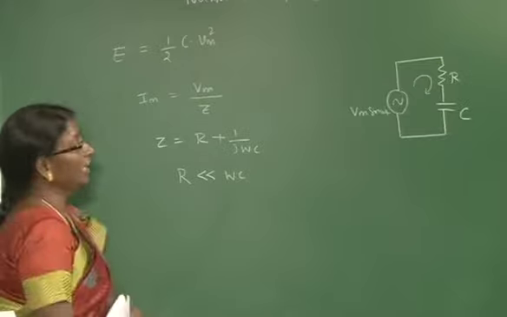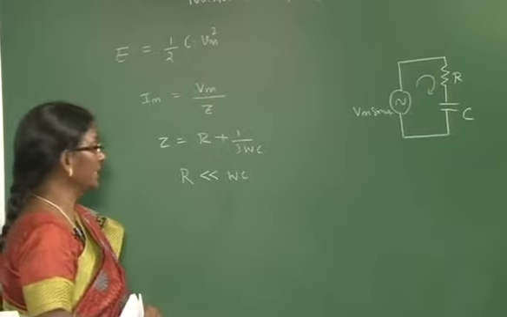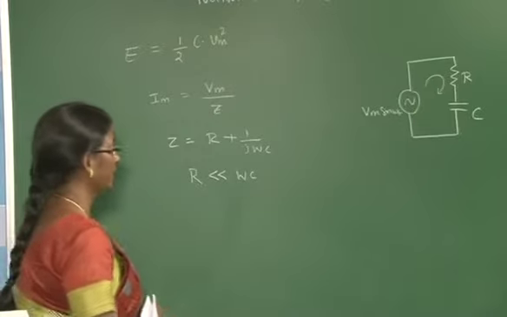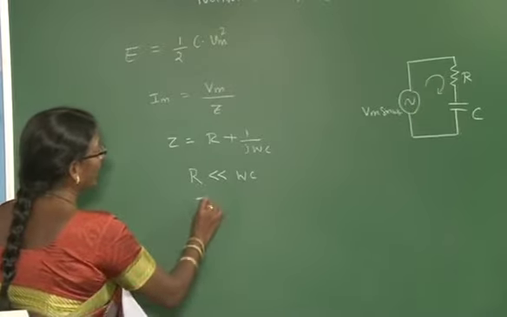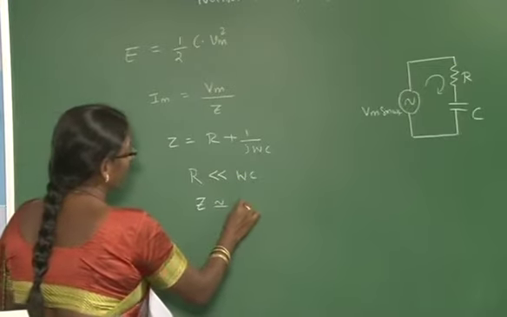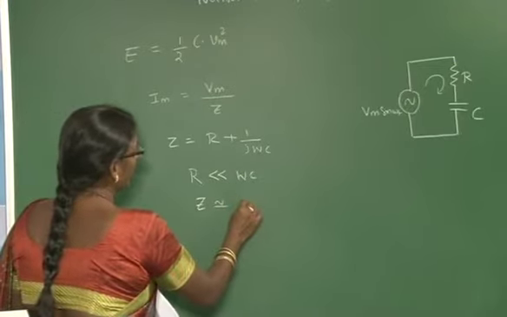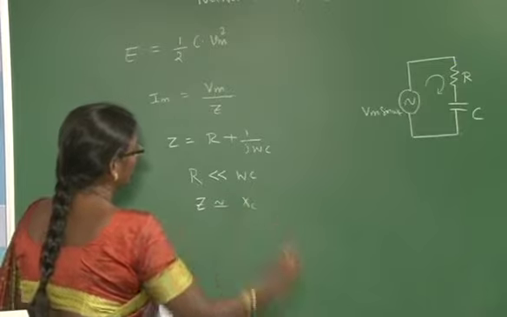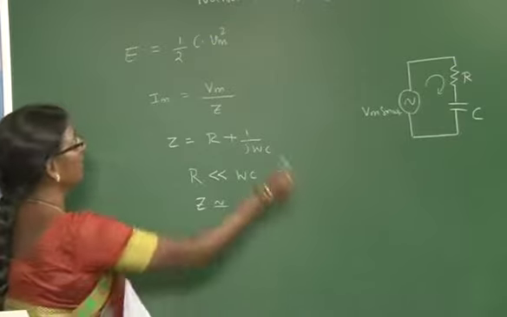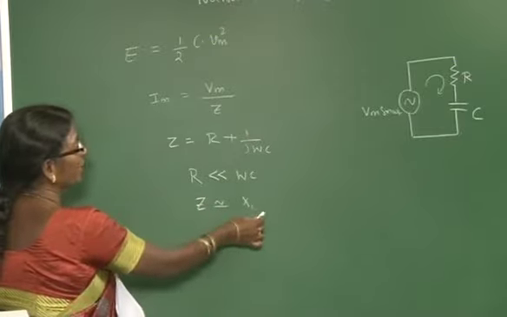That means the dissipative component has a resistance which is far less than the capacitive reactance. At this condition I can take Z approximately equal to the capacitive reactance, that is 1 by omega C. Then in place of Z I can substitute Xc.